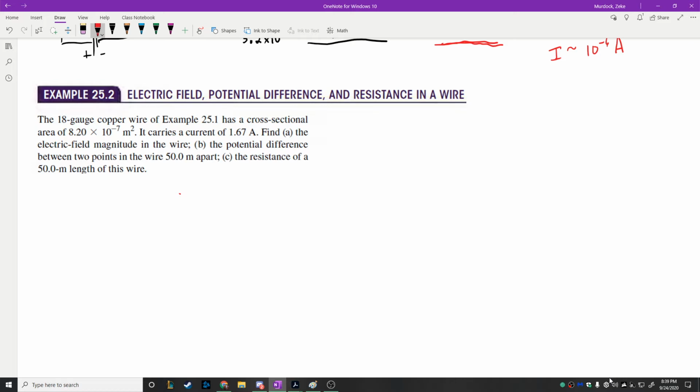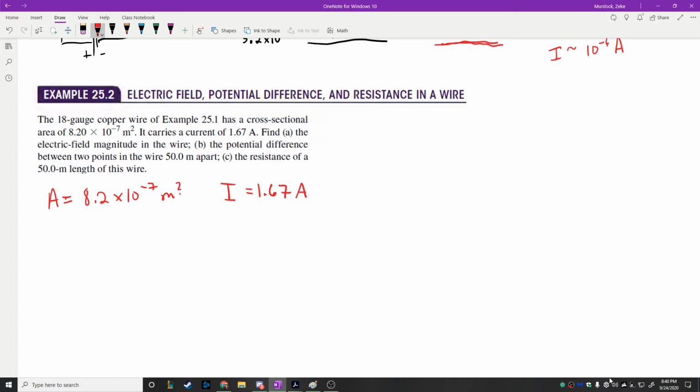18 gauge copper wire has a cross-sectional area of 8.2 times 10 to the negative 7 meters squared. It carries a current, so current's I, of 1.67 amps. We want to find the electric field magnitude in the wire.